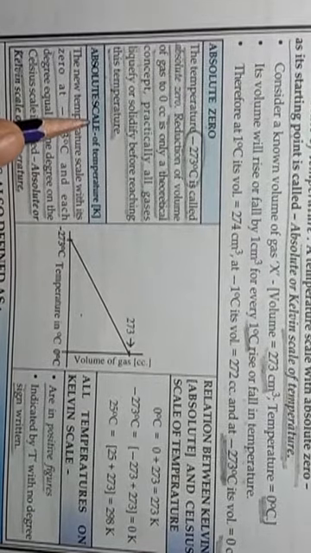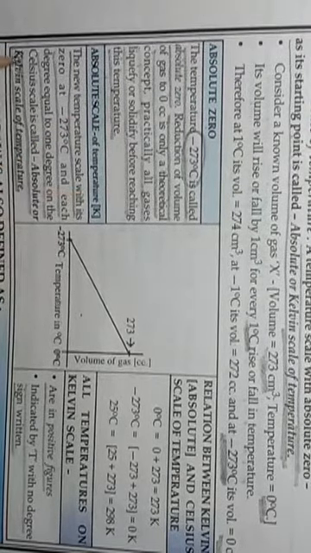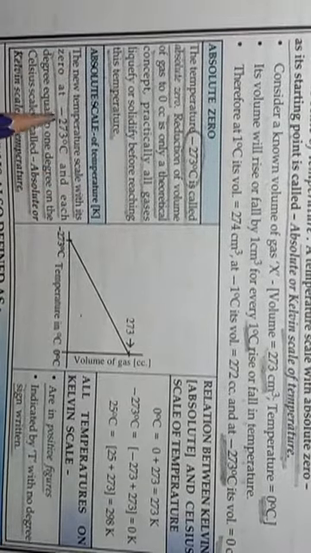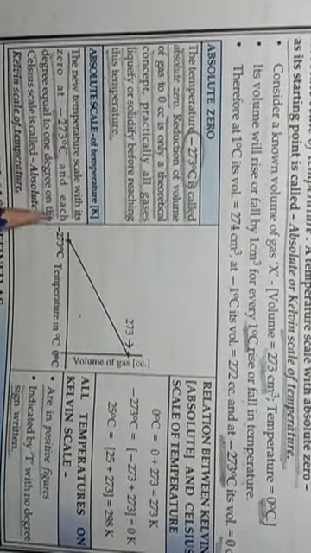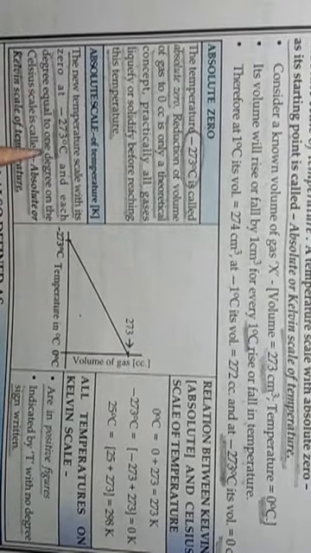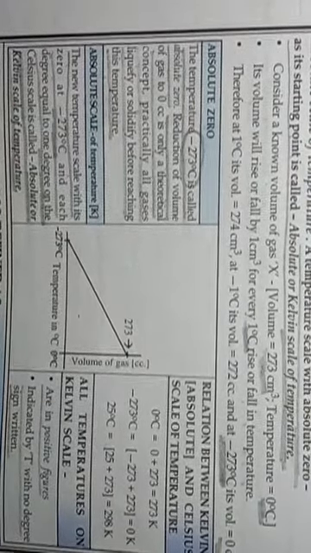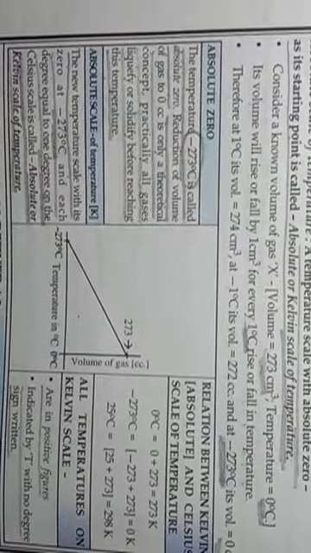Then the absolute scale of temperature: the new temperature scale with its 0 at minus 273 degrees Celsius and each degree equal to 1 degree on the Celsius scale is called the absolute or Kelvin scale of temperature.